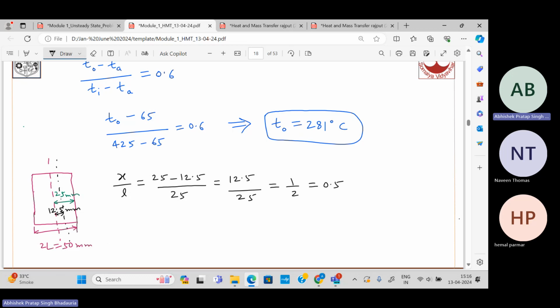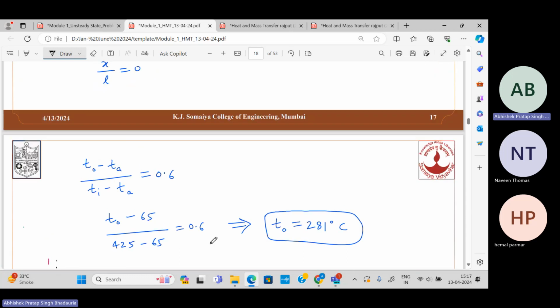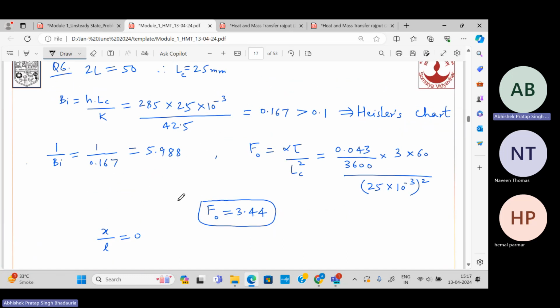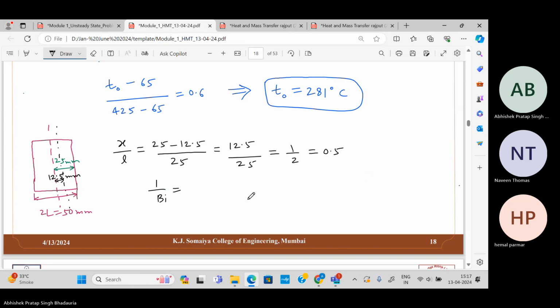Now we have this x by L, that is 0.5, and 1 upon Biot number we have already calculated as 5.988.